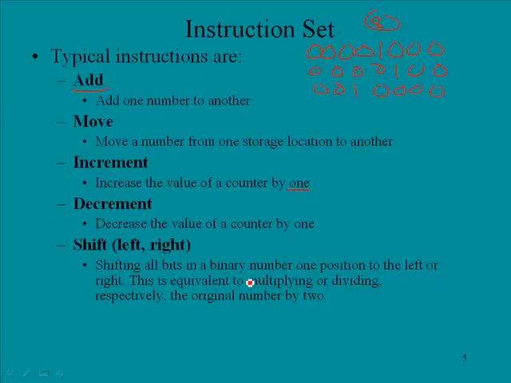Just as a side note, this is equivalent to multiplying or dividing respectively the original number by 2. And so what you might note here is we have 8. If we shift 1 to the right, then it becomes 4. If we'd have shifted to the left, it becomes 16. So anyway, kind of a side note. But these are examples of typical instructions.